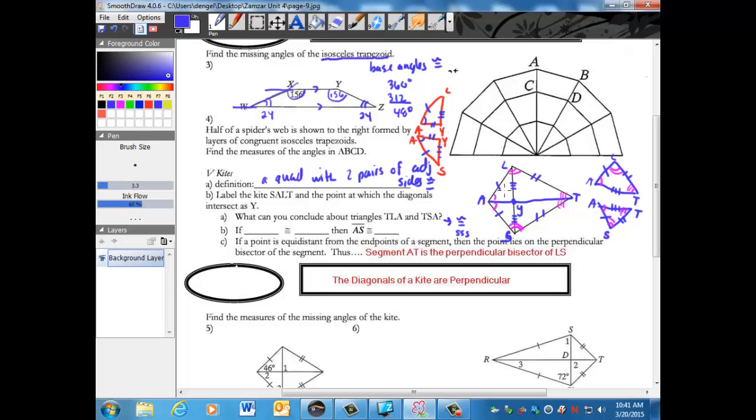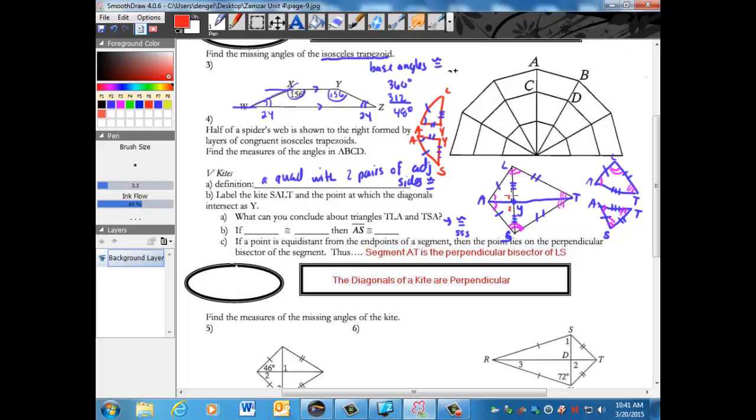The other thing that I can assume is that these lines are straight, and so this forms a linear pair. Let's label this angle 1 and angle 2.